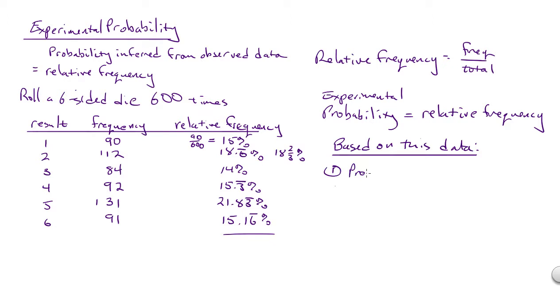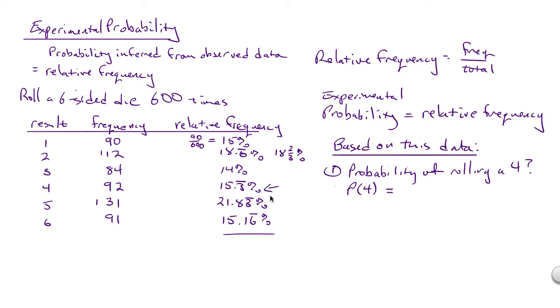what is the probability of rolling a 4? Okay, you might see shorthand probability of getting a 4. Just introducing it now so you see it. So that probability of getting a 4, that means based on this data, we just look at where 4 is.